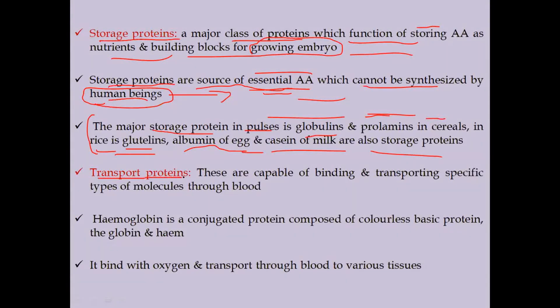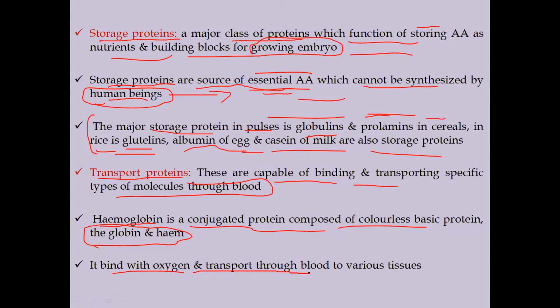The next type is transport proteins. These are capable of binding and transporting specific types of molecules through blood. An important example of a transport protein is hemoglobin. It is a conjugated protein composed of a colorless basic protein, the globin, and heme. It binds with oxygen and transports it through blood to various tissues.